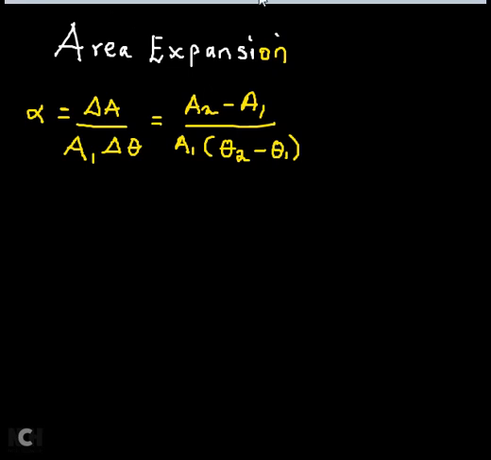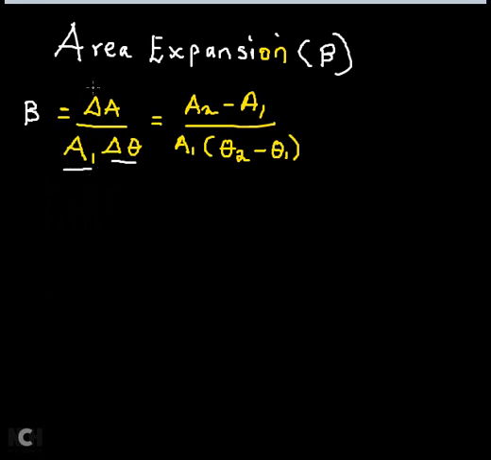Of course, area expansion is also measured by the coefficient of area expansivity, which has the symbol beta. The coefficient of area expansivity is defined as the change in area per unit rise in temperature.